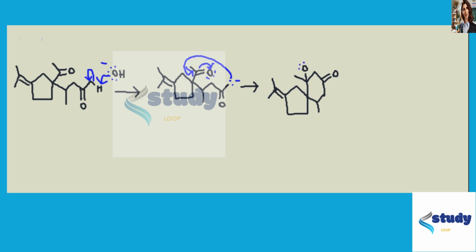So 3 lone pairs and a negative charge here. Okay. And so the next thing that will happen here is going to be protonation. So that will happen like this. Grab this proton.